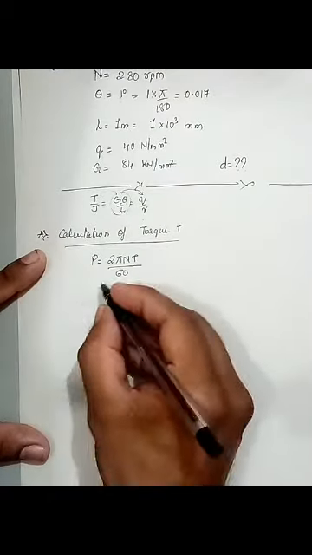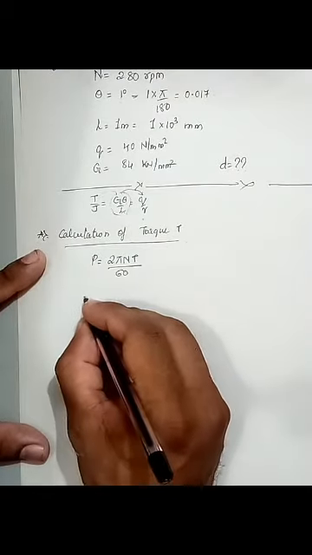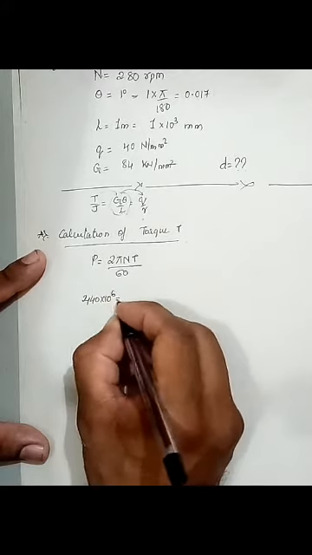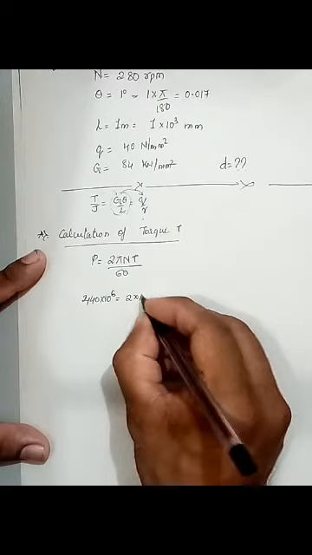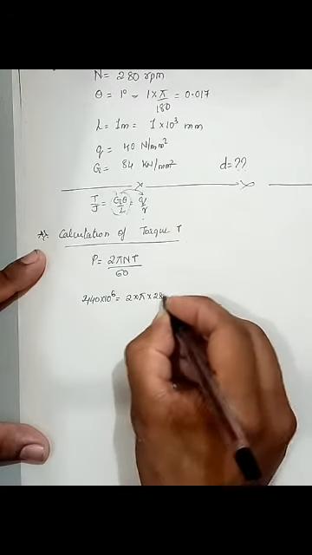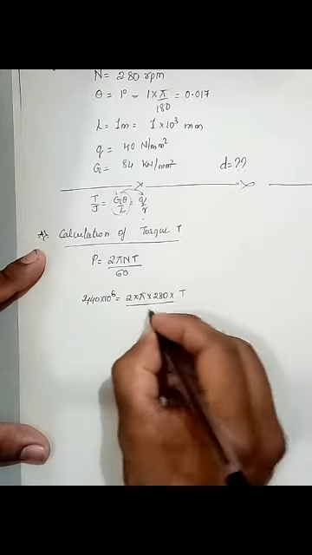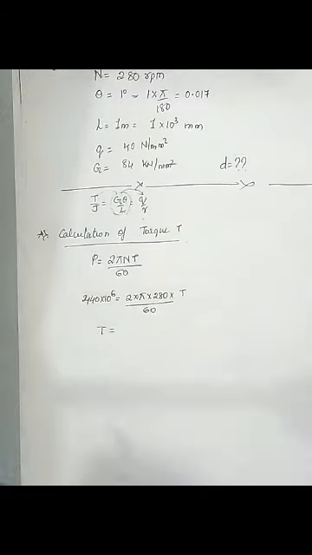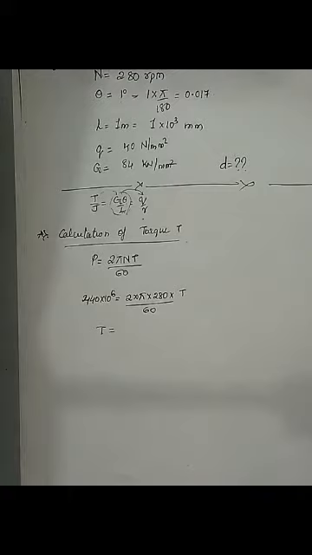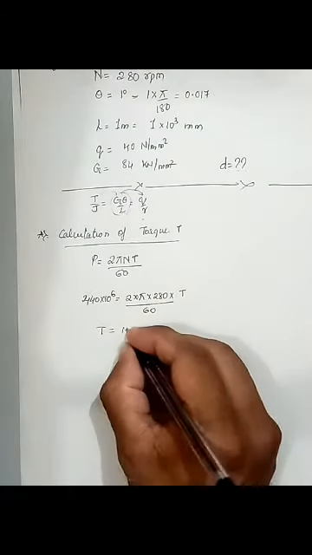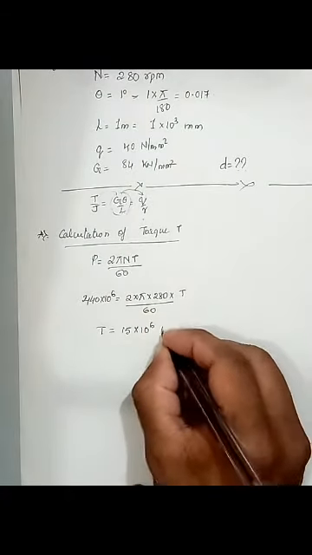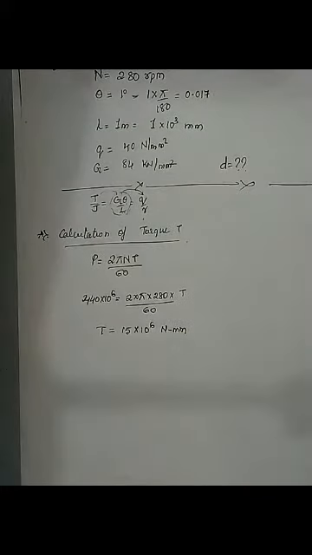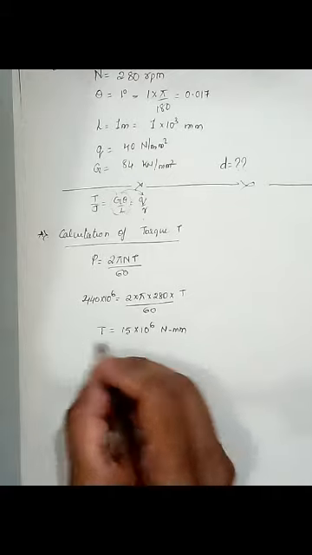So now we know your power, it's 440 into 10 to the power of 6. 2 is constant, pi is constant, N is 280, T itself we need to find out, divided by 60. Therefore T, we get around about 15 into 10 to the power of 6 Newton mm is the torque.